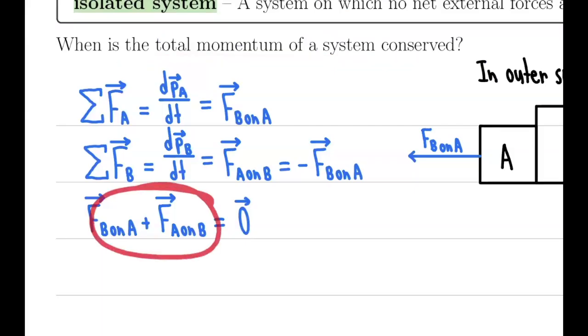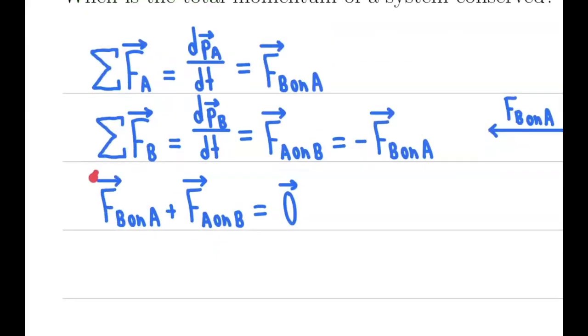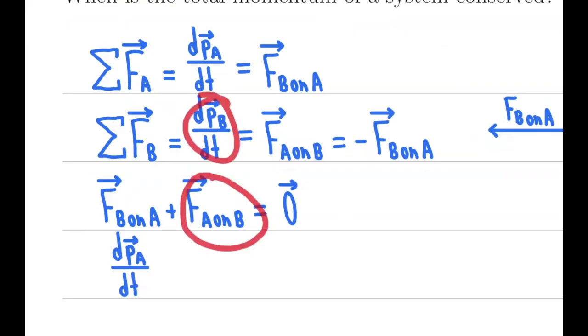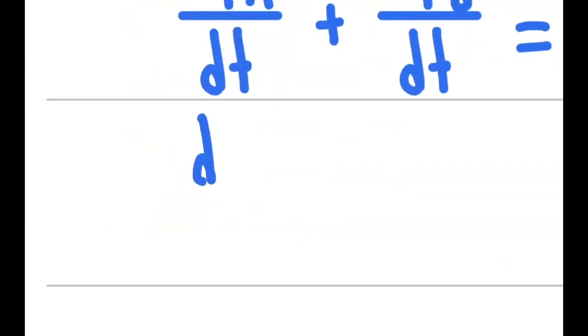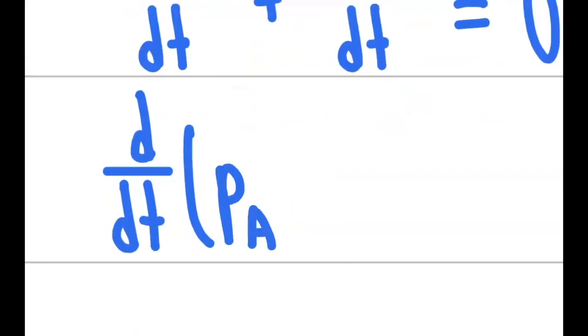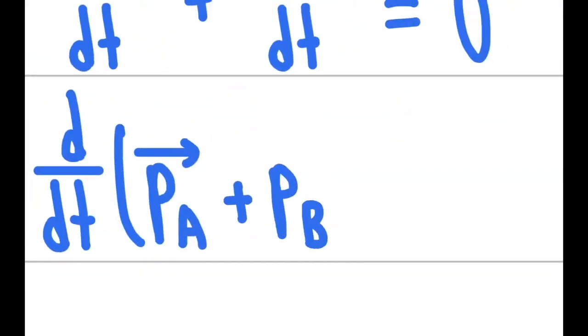So let's relate this to momentum. FB on A, that's dPA/dt. And FA on B, that's dPB/dt. And we know by the sum rule in calculus that the sum of the derivatives equals the derivative of a sum. So I can write this as the derivative of PA plus PB.